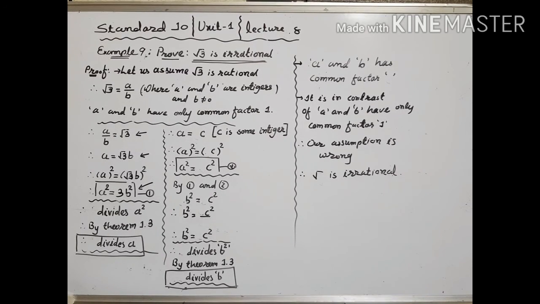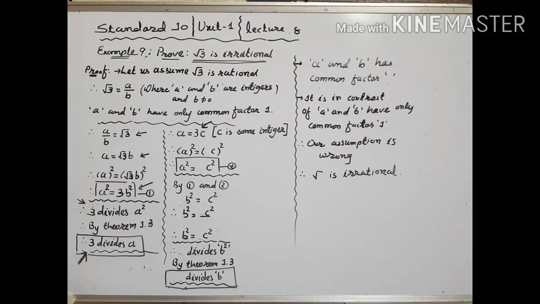So we get a square equals 3b square, and here 3 is a factor of a square. Therefore 3 divides a square, and by theorem 1.3 we can say 3 divides a, and therefore we can write a equals 3 into c.